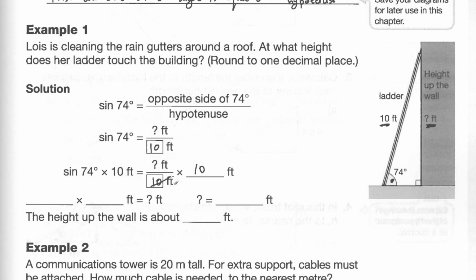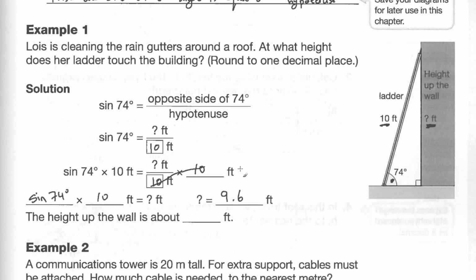Those just cancel each other out, and I'm left with sine of 74 degrees times 10 feet, which is equal to 9.6 feet when rounding to the 1 decimal place.